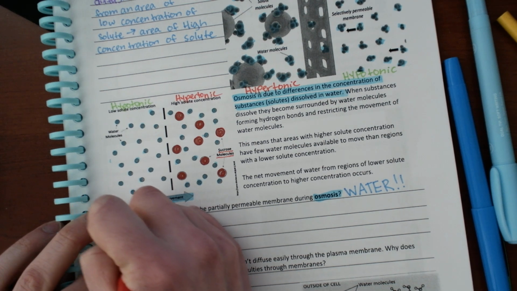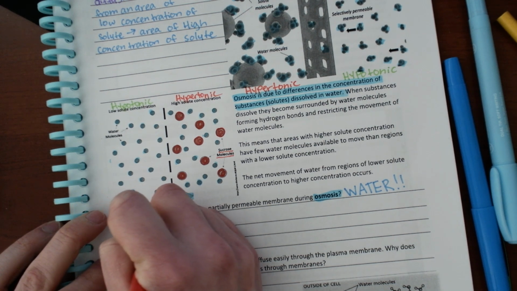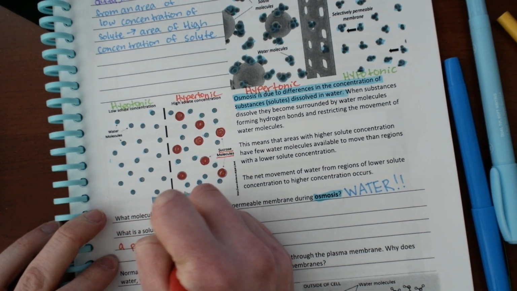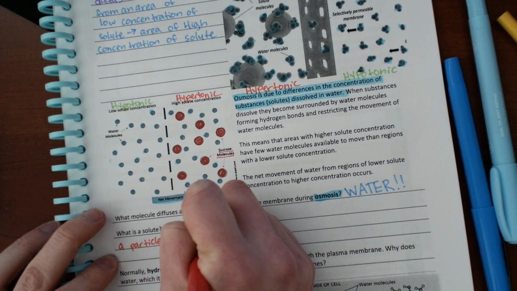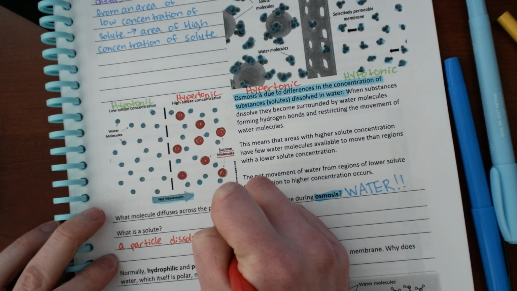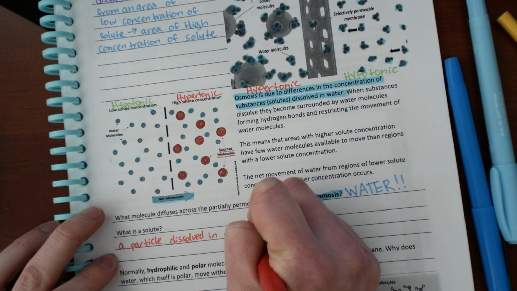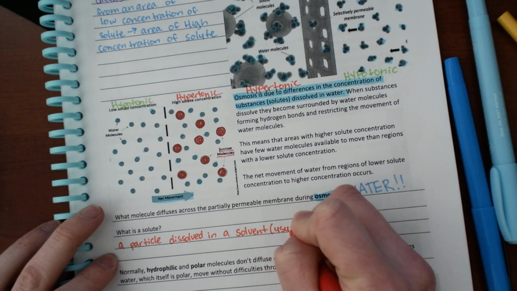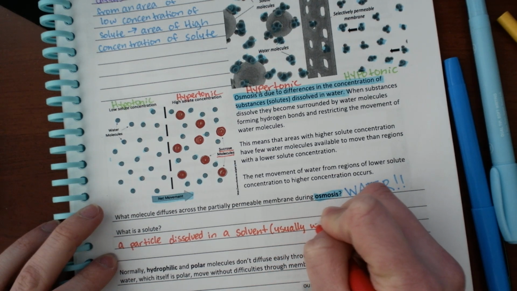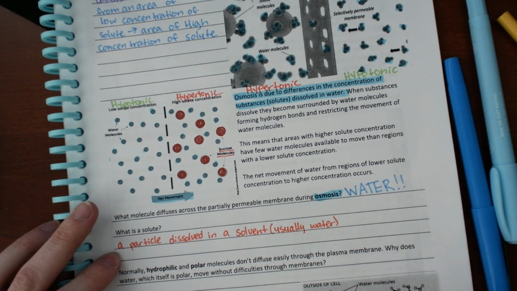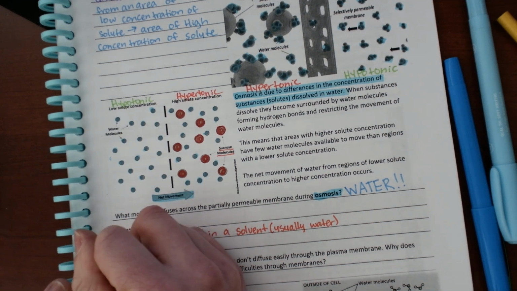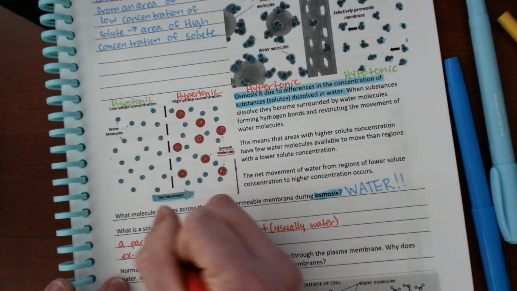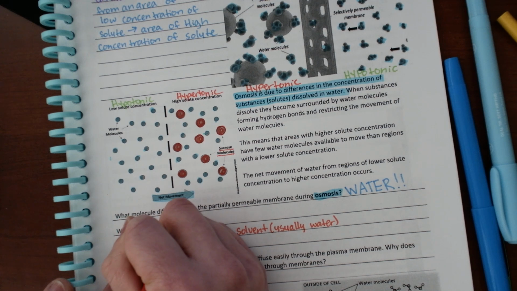A particle dissolved in a solvent, usually water. For the purposes of IB Bio, my favorite example that I used to give to all the middle schoolers is Kool-Aid powder.